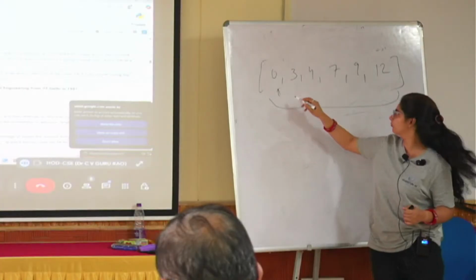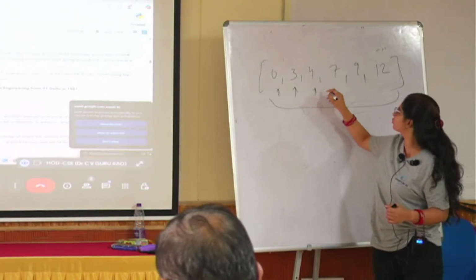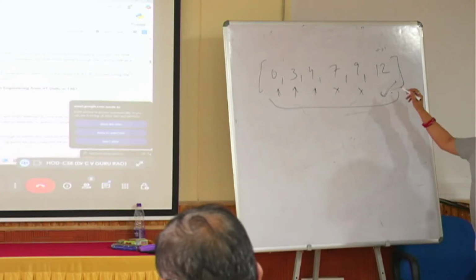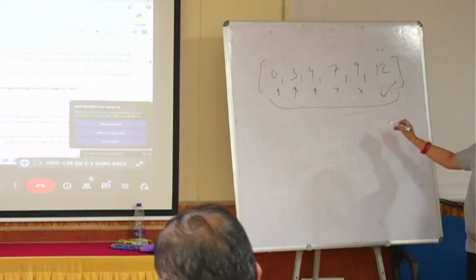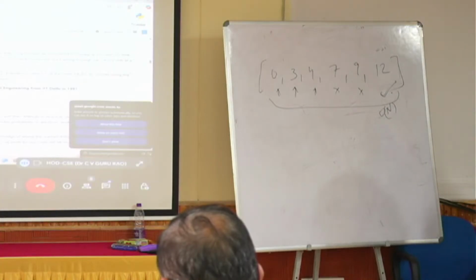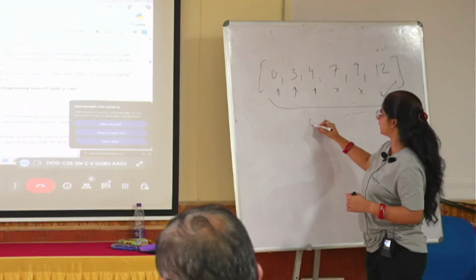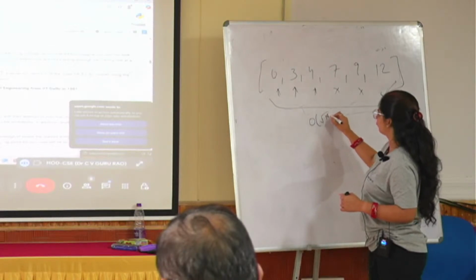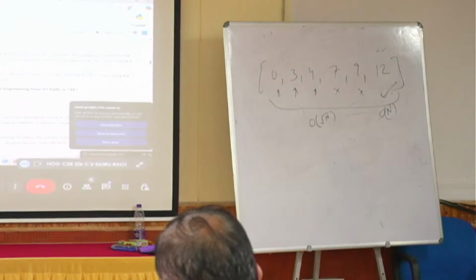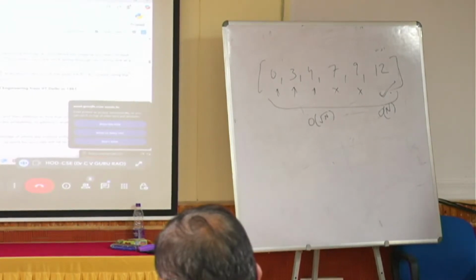No match, no match, no, yes. I found it, but it took order of n time. Now Grover claims it can do the same search in order of root n. Let's see how it can do it.